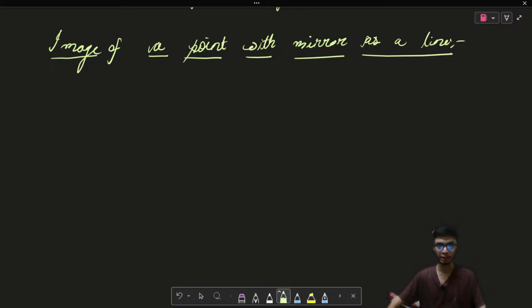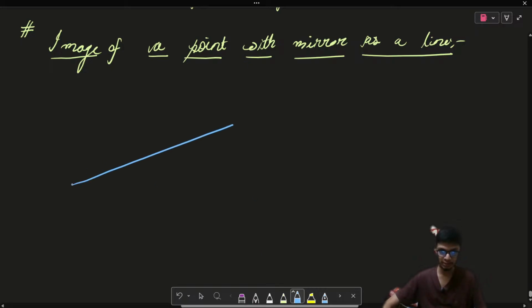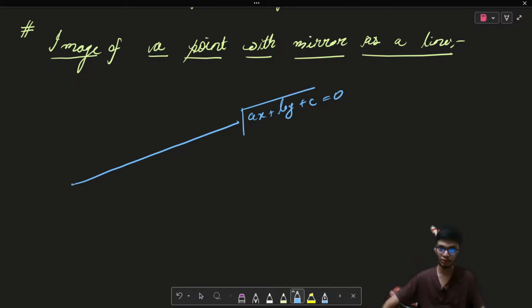In this concept we are going to learn two important things: the foot of perpendicular, and secondly the image about a particular line, right? So let us see how we derive this expression. Let us say this is my straight line, ax plus by plus c is equal to 0.